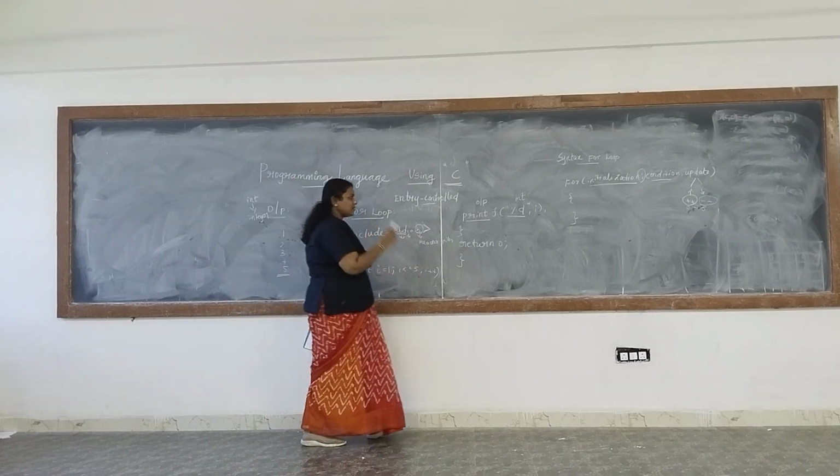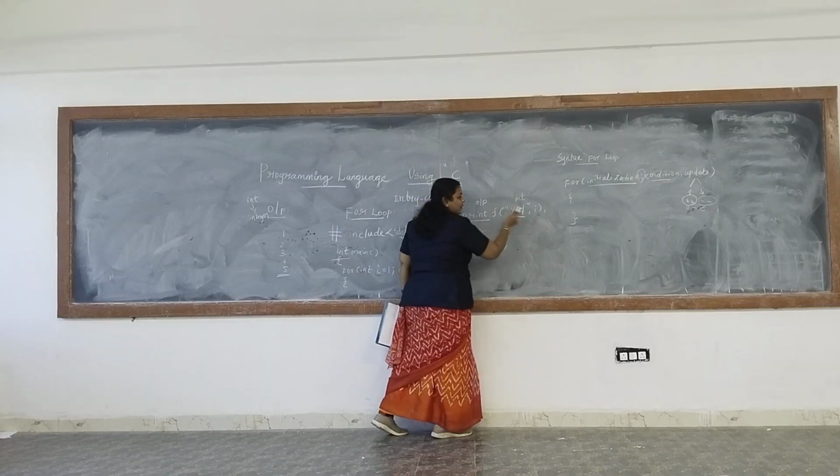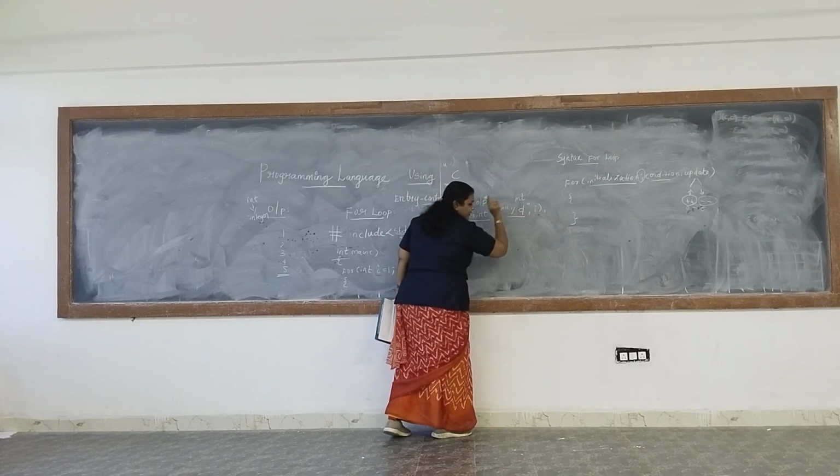Okay. So within the for loop, whichever data type you use, the same variable you have to give it here.